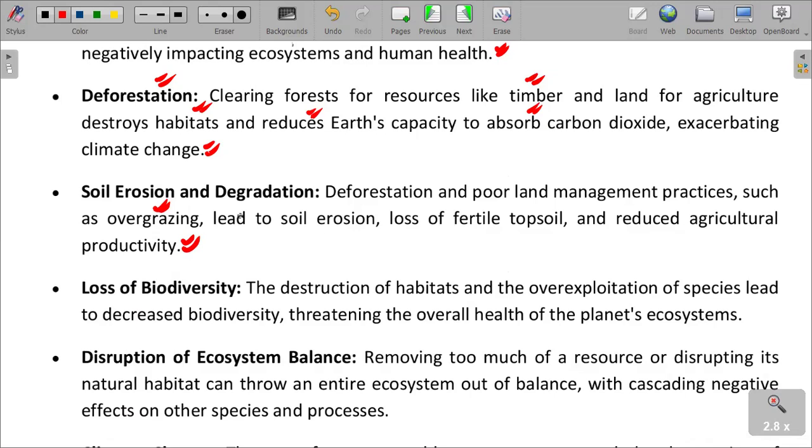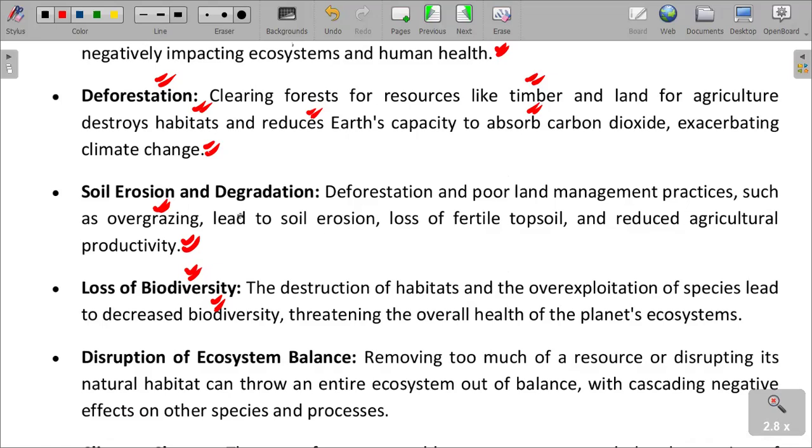In that respect, we cannot forget the loss of biodiversity. We talked about the variety of living organisms within a natural ecosystem. The destruction of habitats and overexploitation of species lead to decreased biodiversity, threatening the overall health of the planet's ecosystems.